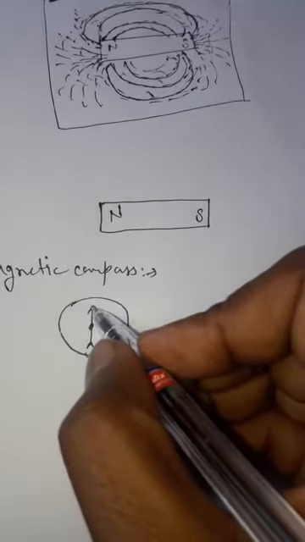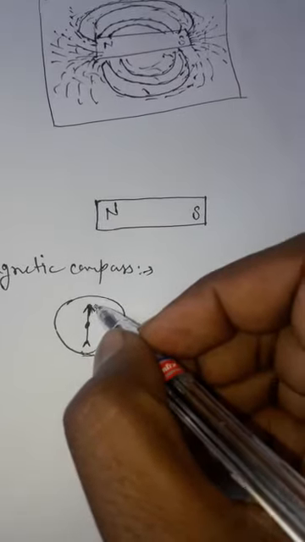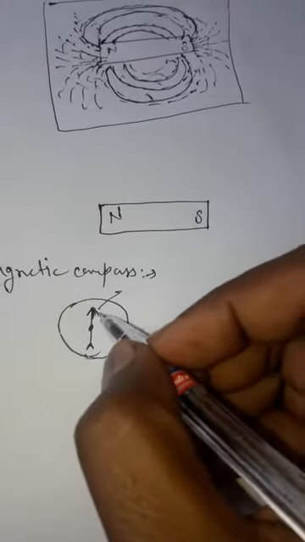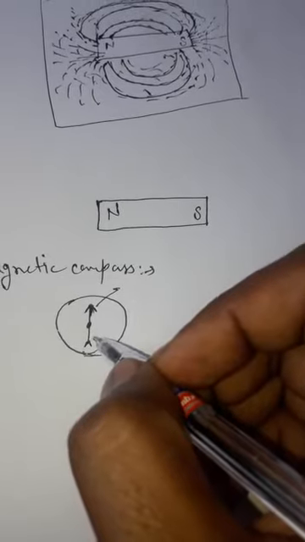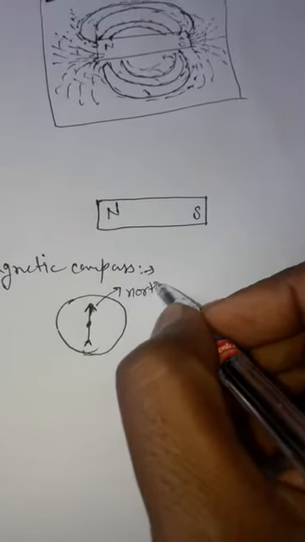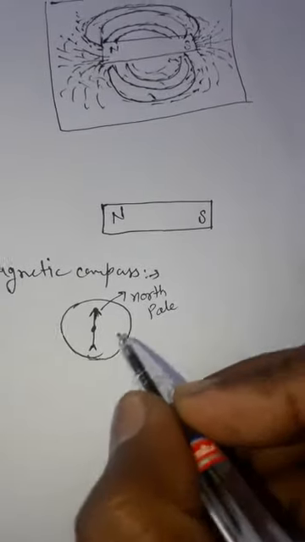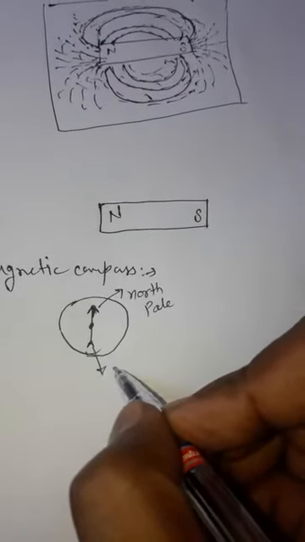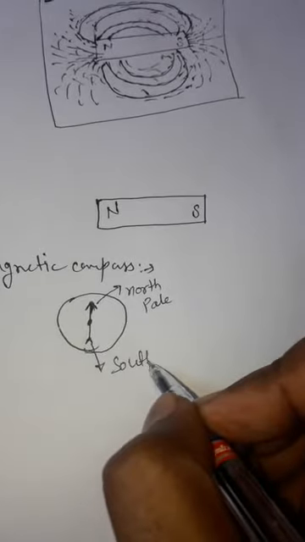The first one is represented by an arrowhead. This needle is basically a small magnet, and this arrowhead is its north pole, and this tail is its south pole.